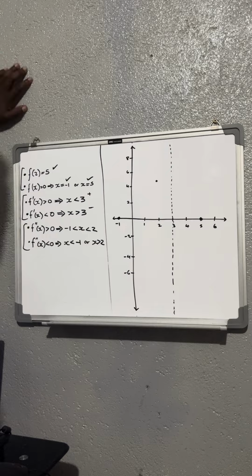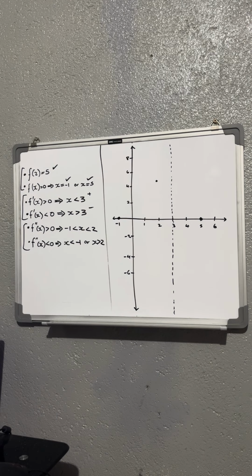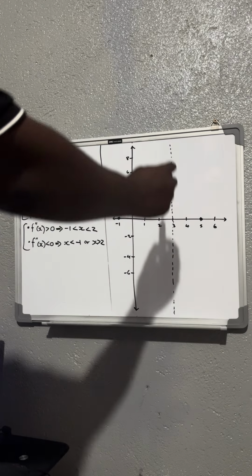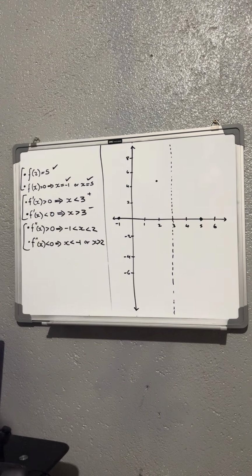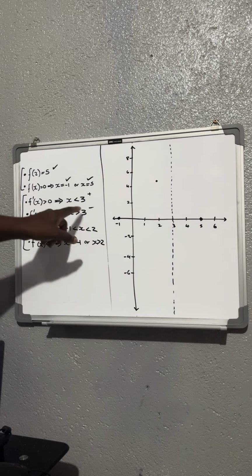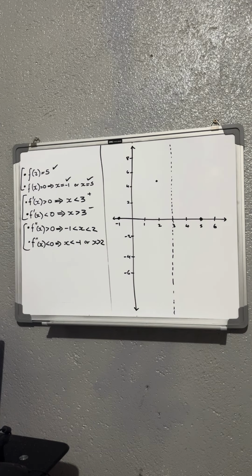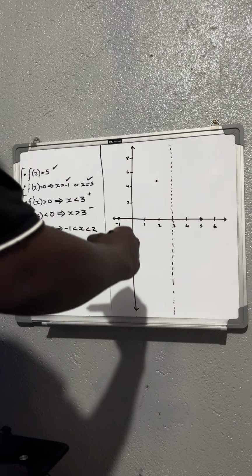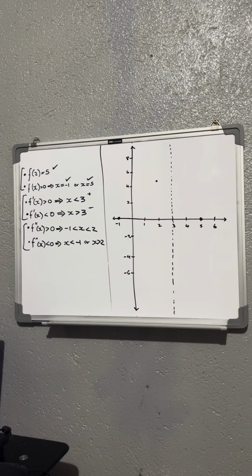It's going to look something like this. But we still need to determine something that is unknown within those. For the region where x is less than 3, going to that side, it's going to be positive. It means it's going to be a graph that looks like this, which is going to go up.